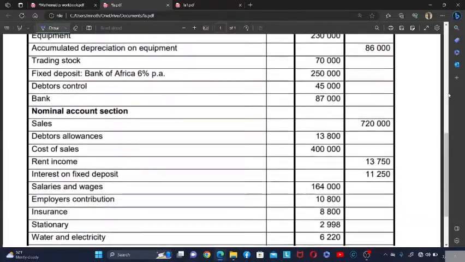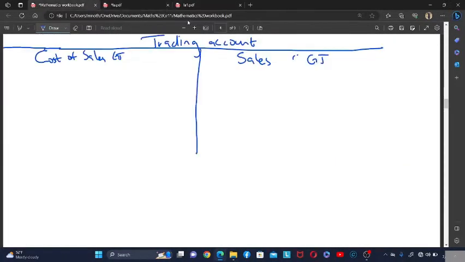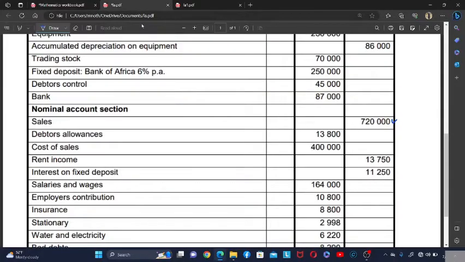The sales are 720,000. So for the sales, we take the amount of sales, and then we subtract the debtors allowances.